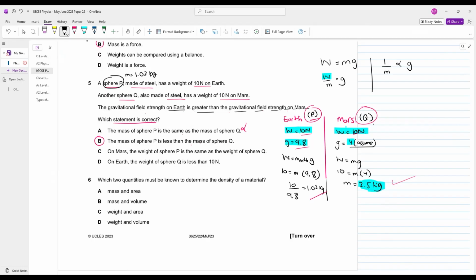Mass is inversely proportional to the gravitational field strength. This means what? If the gravitational field strength of Earth is greater compared to that of Mars, the mass of the object on Earth's surface will be less than the mass of the object on the surface of Mars.